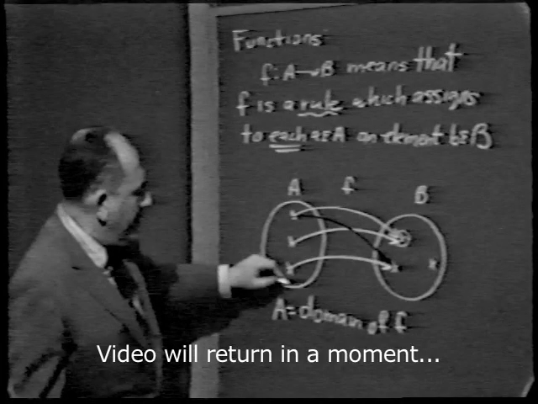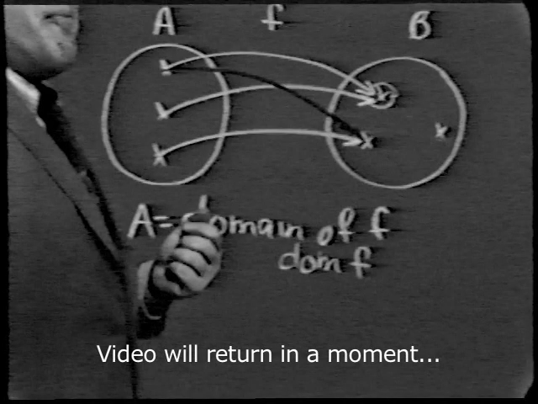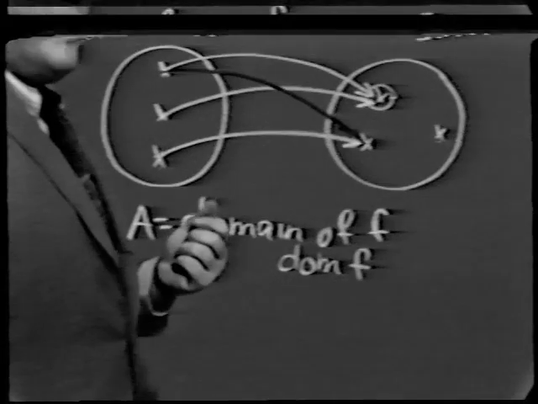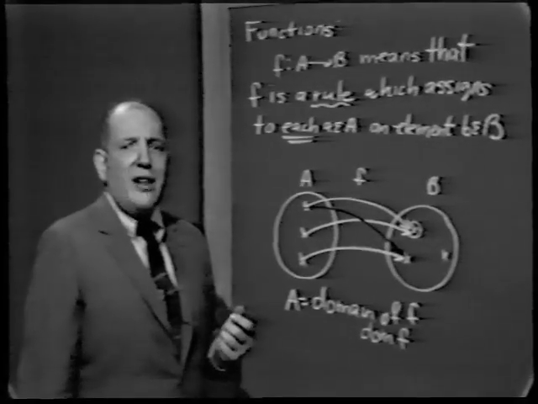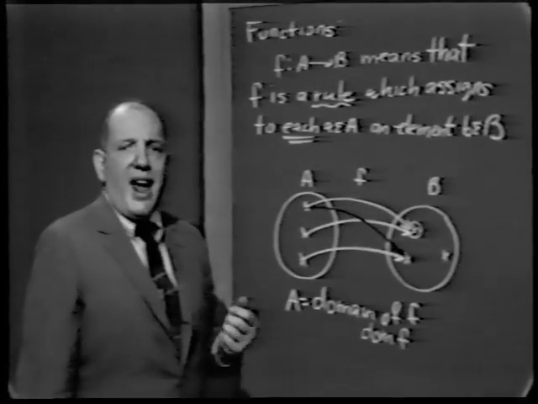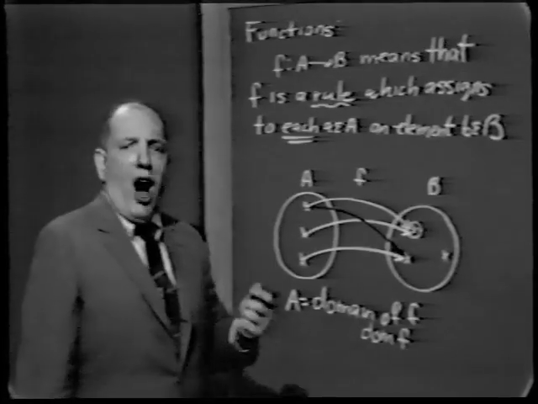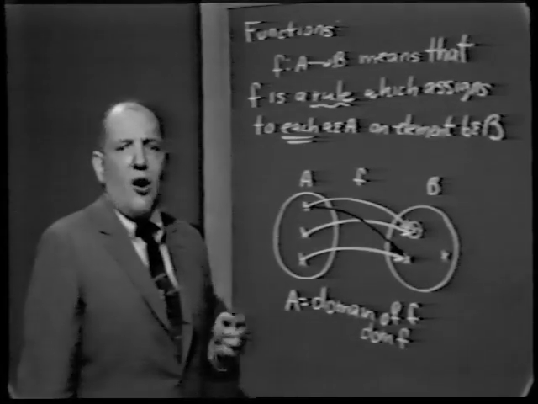Sometimes one just writes DOM with an f, or DOM with a subscript, or a capital D with a subscript f. But we will adapt to these notations as we need them. For our purposes, all the domain of f is, it's the set A. It's the set on which f operates to assign values.